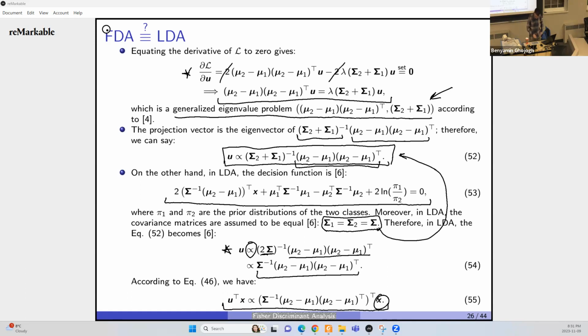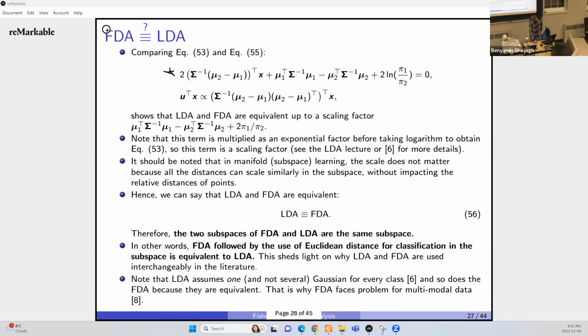So now compare these two. This is the decision boundary in LDA. This is the linear projection in FDA with the assumption that we had in LDA. Aren't they similar? Ignore this part, it is a scaling factor. Isn't this part very similar to this part?